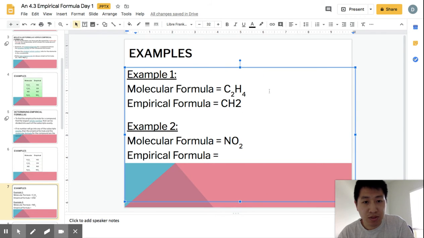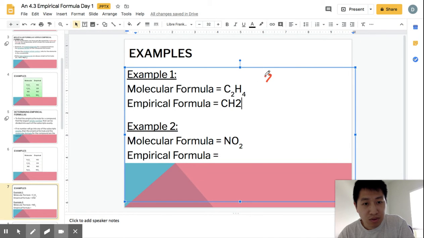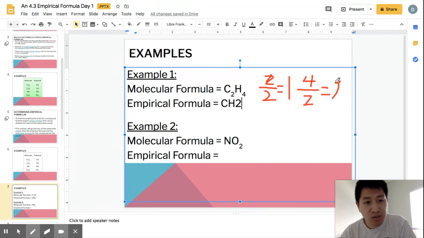Or you would do 2 divided by 2, and then you do 4 divided by 2. And that's how we got 2 divided by 2 is 1, and then 4 divided by 2 is 2. That's how we got CH2.